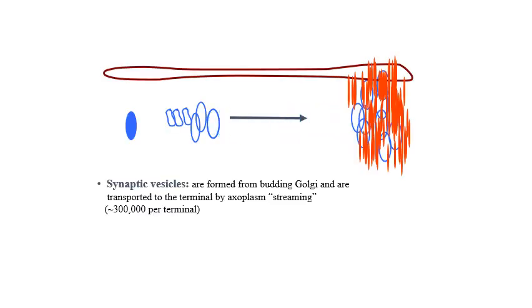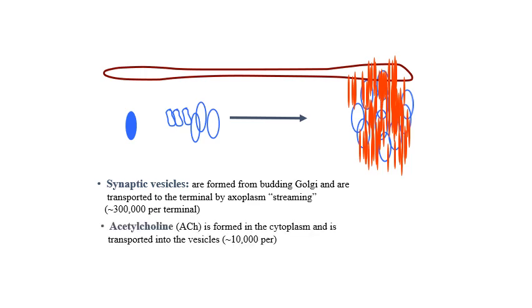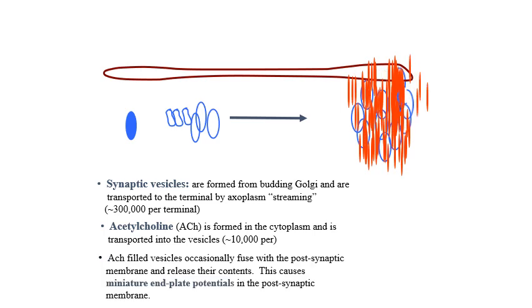So synaptic vesicles are formed from budding of the Golgi apparatus and are transported to the terminal by axoplasmic streaming. And then acetylcholine formed in the cytoplasm is transported into the vesicles. It's not really very clear over here. And these acetylcholine filled vesicles occasionally fuse so as to form a miniature end plate potential.